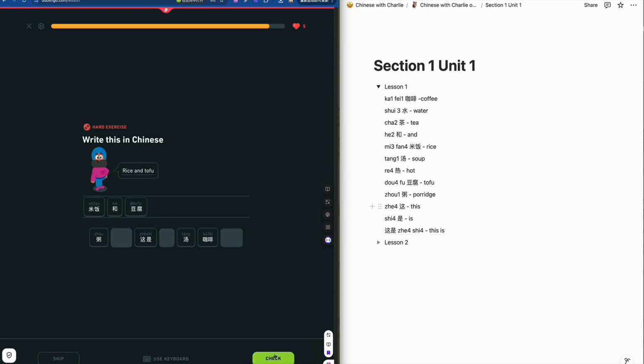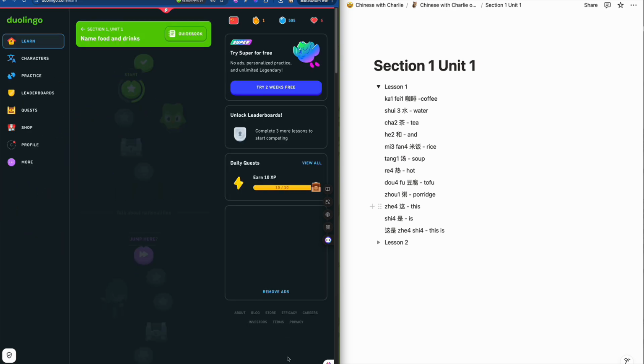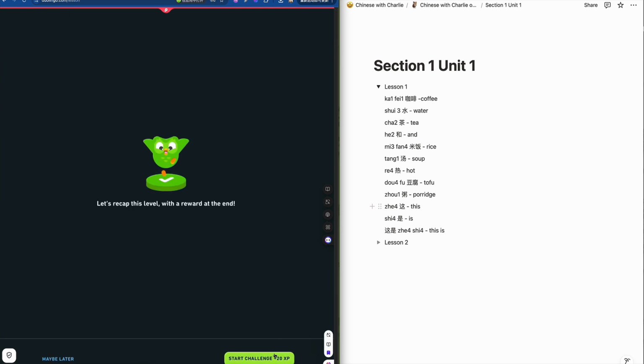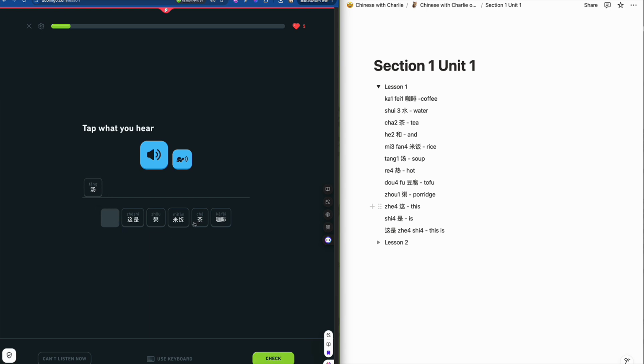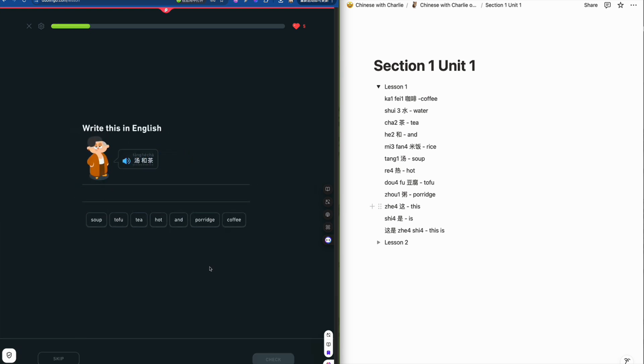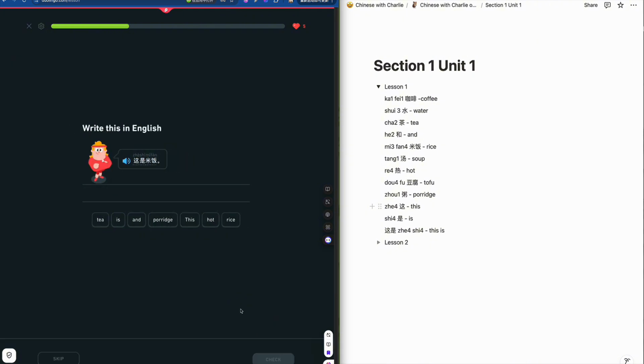Great. 米饭和茶, rice and tea. 汤，茶: soup, tea, there's no and. 汤和茶, now we have and, so soup and tea. 这是豆腐, this is tofu. 这是米饭, this is rice.